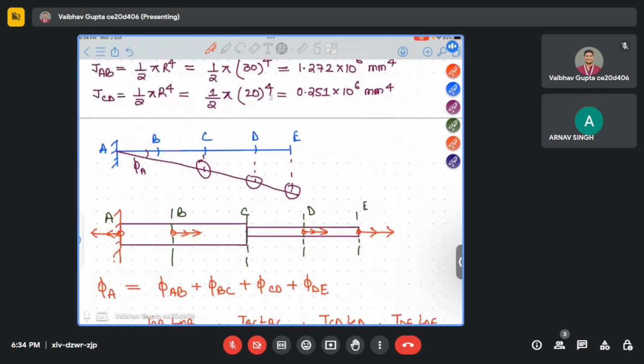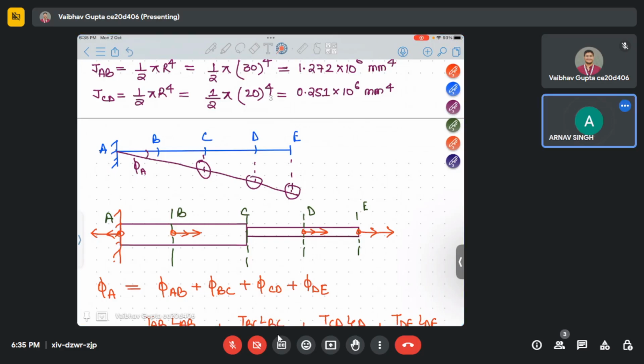Now we have to calculate phi C. When we were calculating phi A, we took the angle of twist for AB, BC, CD and DE. Now if we have to calculate for C, are you getting my point? So what angle of twist do we have to take?